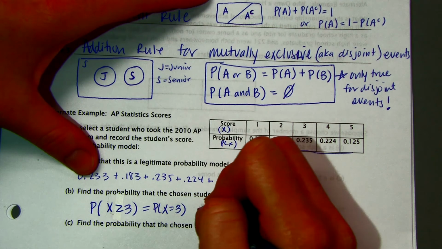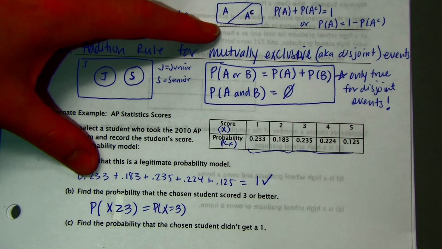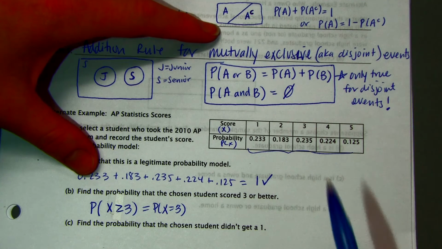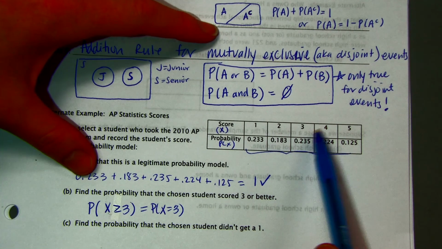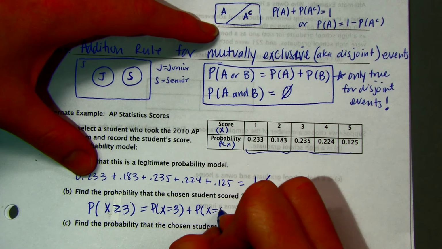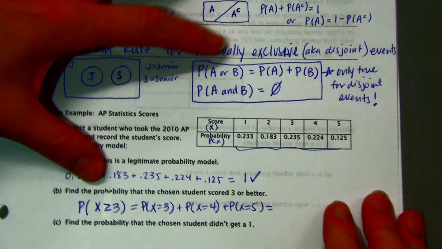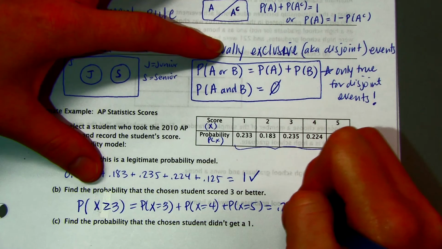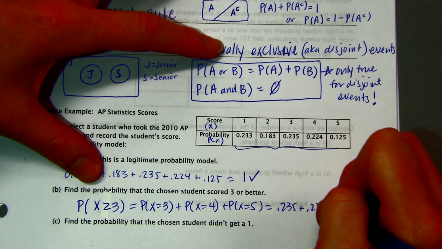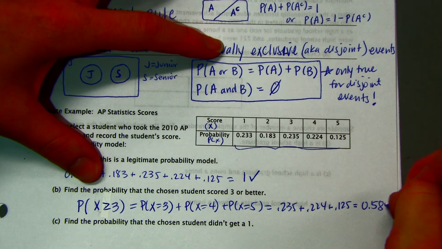Now, can you have a 3 and a 4 at the same time? No, so these are disjoint events. Either you got a 2 or a 3 or a 4 or a 5. So that means that I can just add these all together. We add 0.235, 0.224, 0.125, and we get 0.584.